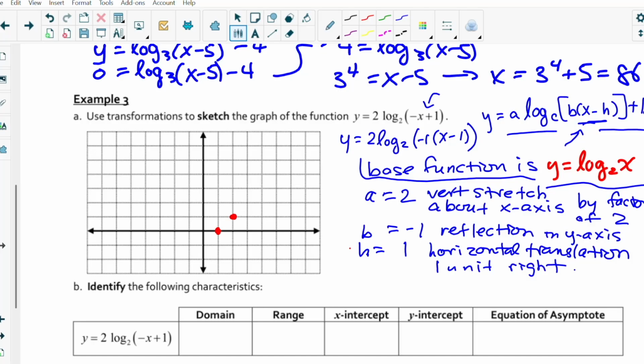Let me do x equals 4, again nice neat integral values. So 4, y equals 2. x equals 8, y equals 3. Okay, so that is our base function, y equals log base 2 of x. What's next?